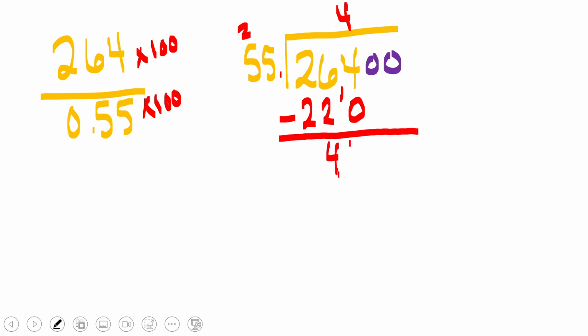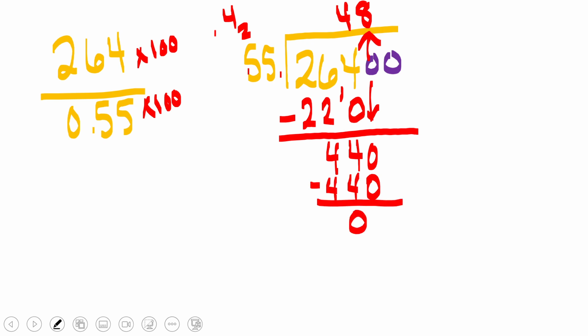And we're going to subtract, bring down, work above. 55 fits into 440 about 8 times. 8 times 5 is 40. And carry our 4. 8 times 5 is 40 plus 4. It terminates.